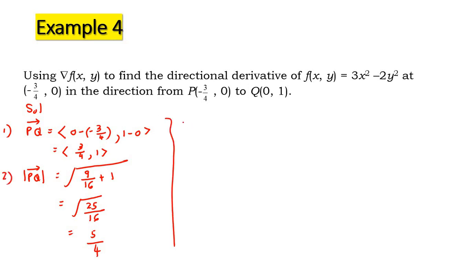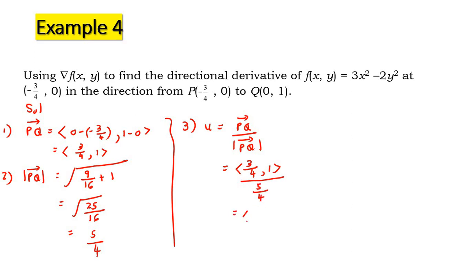Third step, then we can find the unit vector u, which is vector PQ divided by the magnitude of vector PQ. Given two points, you make it vector PQ, then find the magnitude, and then the unit vector: 3 over 4 i plus 1 j divided by 5 over 4.